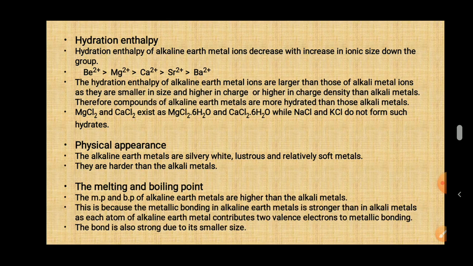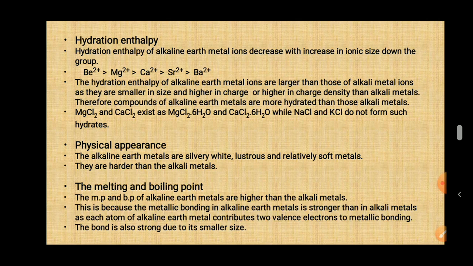So melting point and boiling point decreases down the group. But if I compare alkaline earth metals and alkali metals, alkaline earth metal has a higher melting point and boiling point because of the small size of alkaline earth metals.